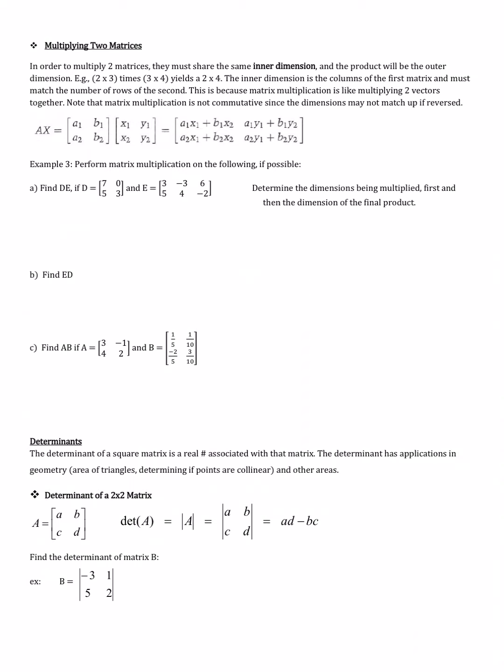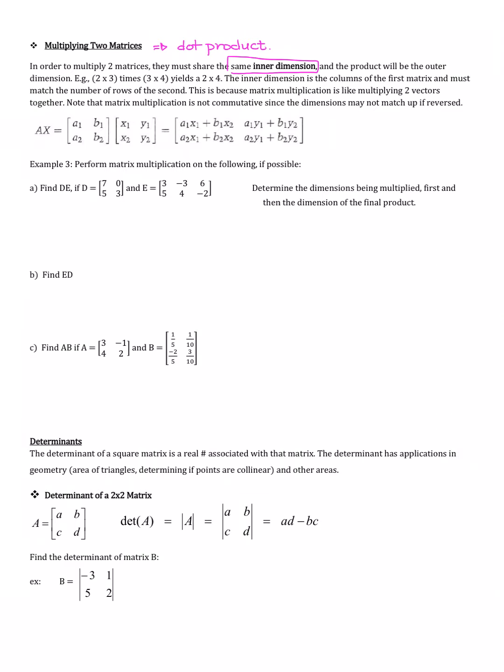But one of the nice things is when we get to vectors, which is right after this unit, this will be equivalent to finding the dot product of two vectors. And we'll talk about the significance of that when we do the vectors, but it's nice you'll have this introduction. So the way you multiply two matrices, first of all, in order to do it, they have to have the same inner dimension, not total dimension.